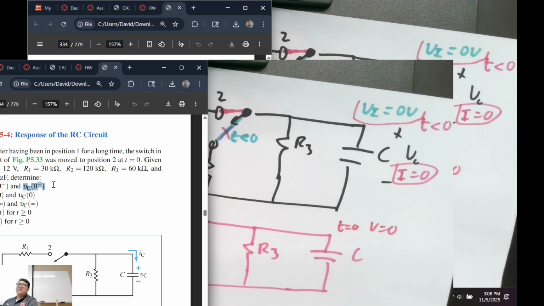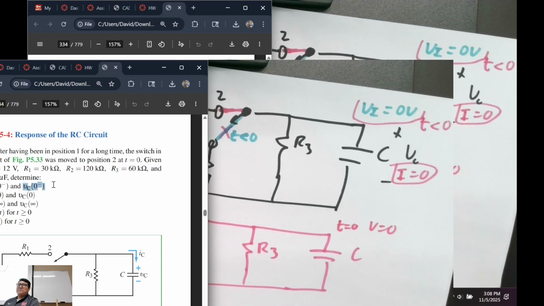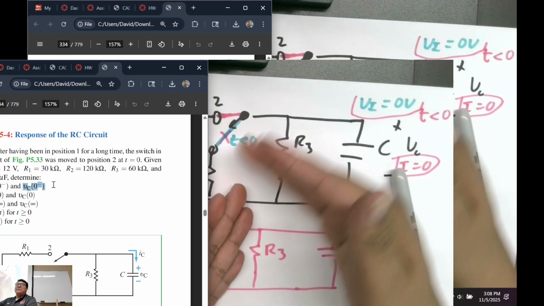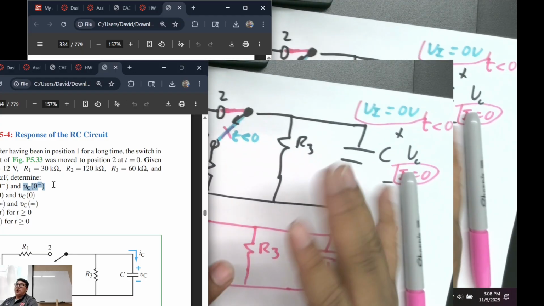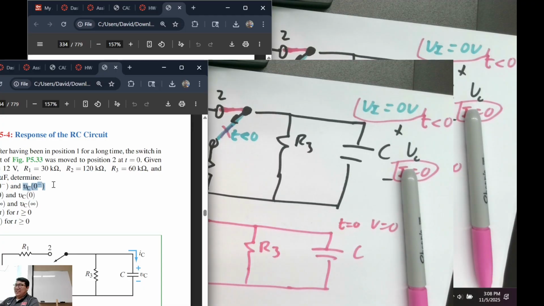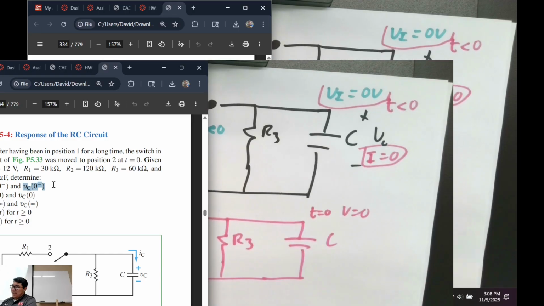I forget which one it was, but volts can't instantaneously jump. Is that for the capacitor or the inductor? For the capacitor, it's a bucket with a level of water. Think of the water level as the voltage. Current, you can instantaneously throw water into it. Is that good?